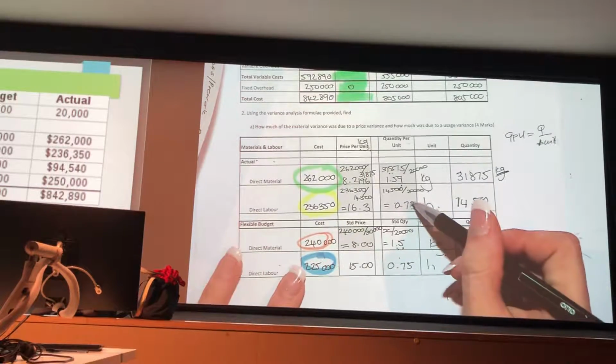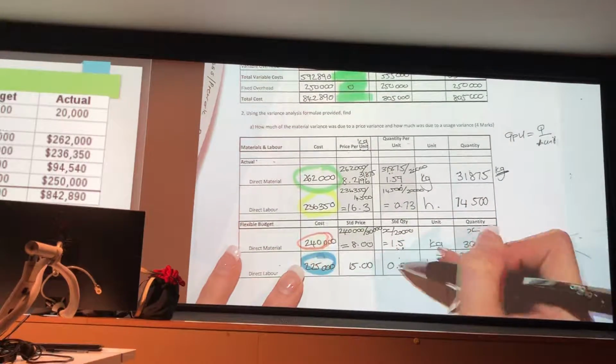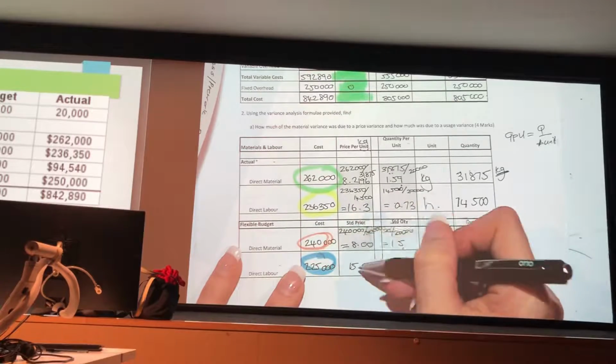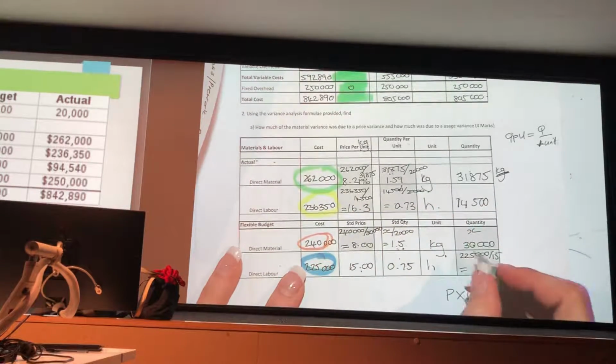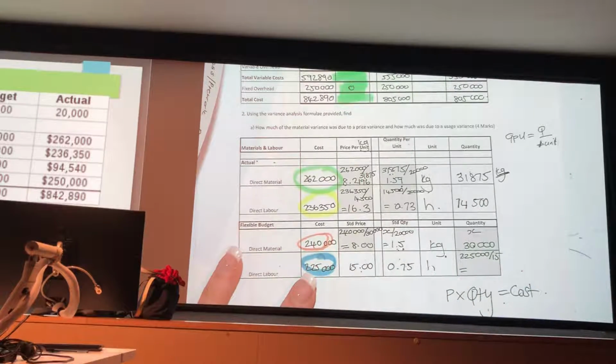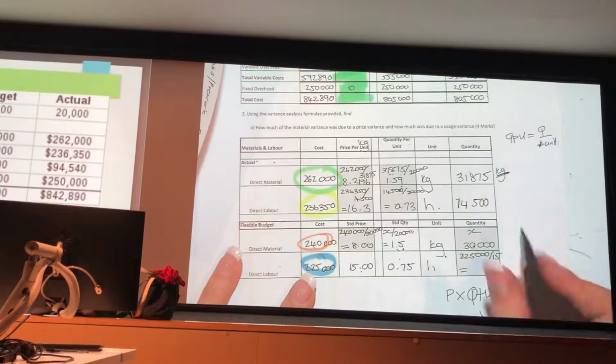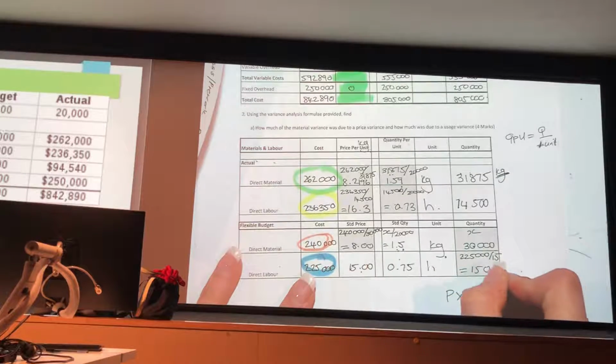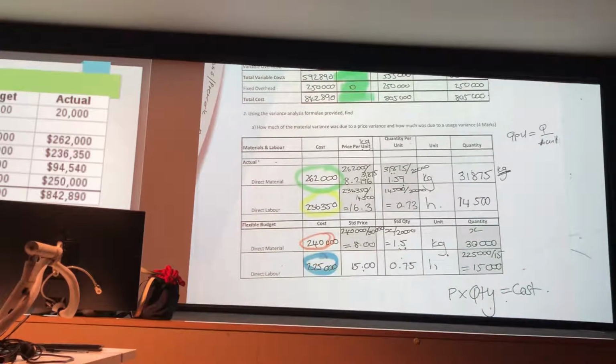So from this comparatively straight away you can see we used less hours per unit, but it was more expensive per unit. And then 225000 is the total cost divided by 15, which is the price per unit, gives us the amount of units, which is 15,000.